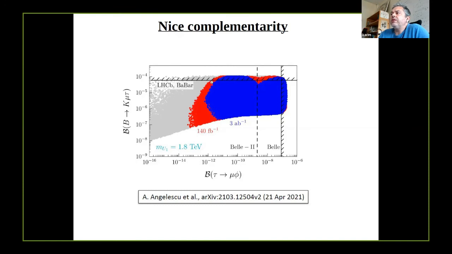the allowed space from this new physics model, and the constraint you can have from direct measurement at CMS and ATLAS. And you can see that, even with the 3 inverse attobarn, you still have quite a sizable room.